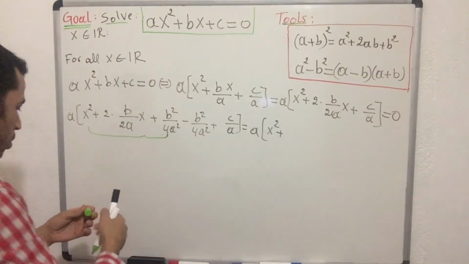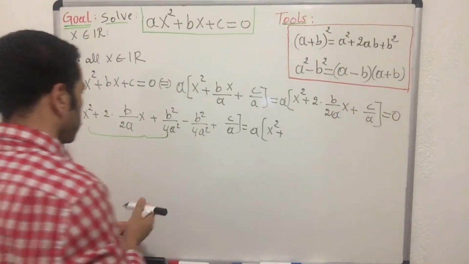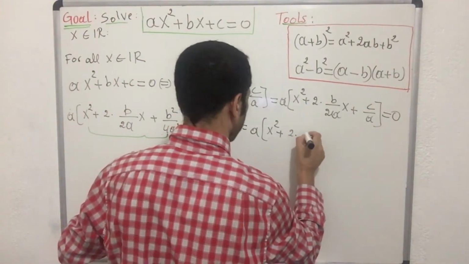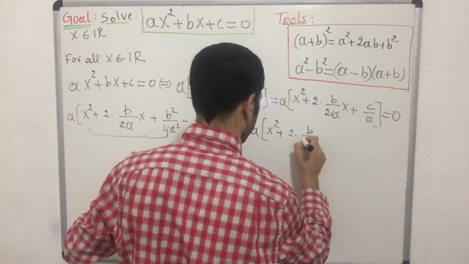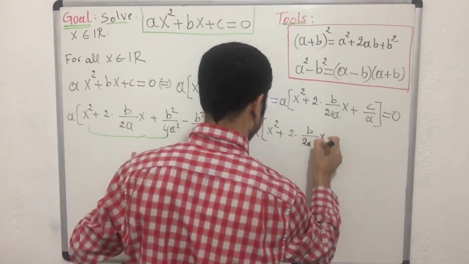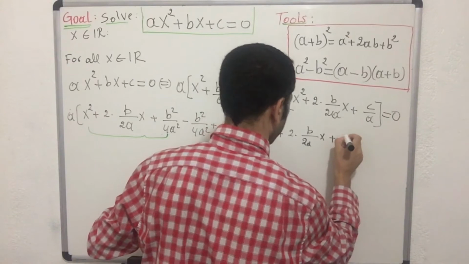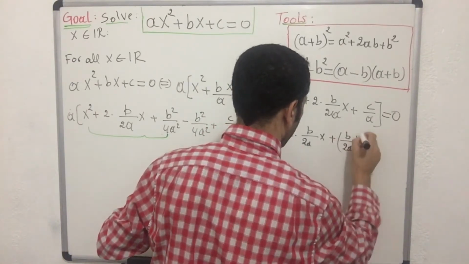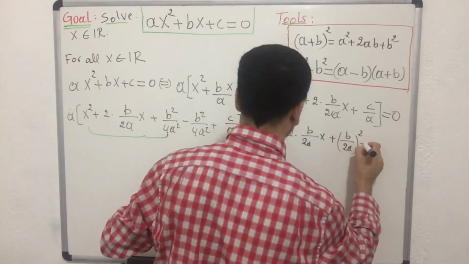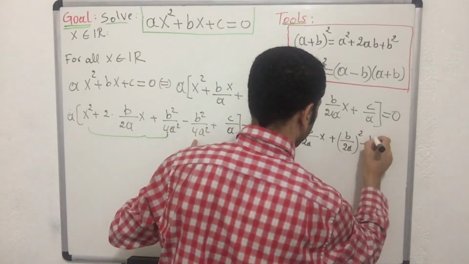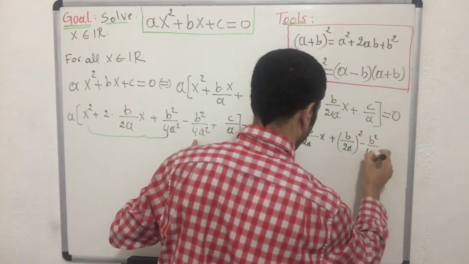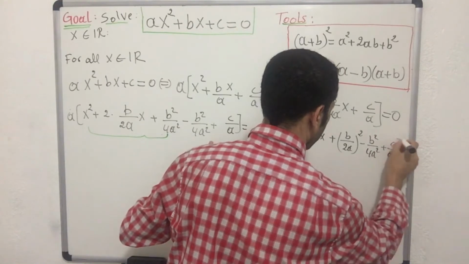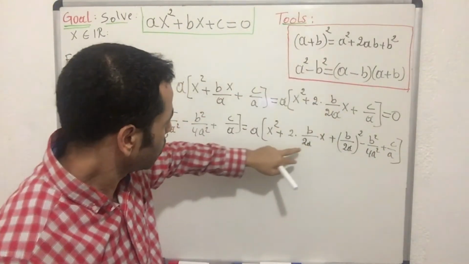I will show you now what's coming next. So this becomes x plus b over 2a, quantity squared, okay, minus these terms: b squared over 4a squared plus c over a, okay.